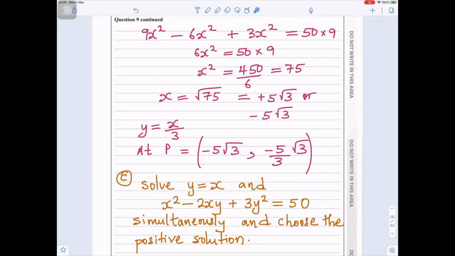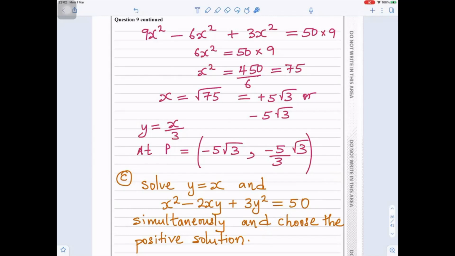Now y is x over 3. So at P, we have minus 5 root 3 for x and minus 5 root 3 over 3 for y. So that's your x and that's your y. And for part C, you solve y equals x and y equals this simultaneously and choose the positive solution.